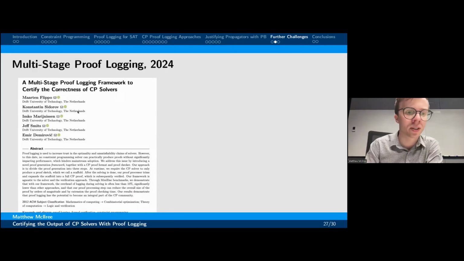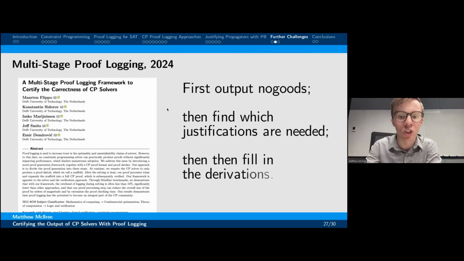It is essentially dealing with this problem that I mentioned before of adding lots of non-trivial work to the propagation loop of your solver by effectively saying, okay, how much time can we save if we don't add these derivations, these justifications directly to the propagator, but instead just output the proof scaffold with the unjustified assertions, then trim the proof as much as you can, and only produce justifications which you actually need.